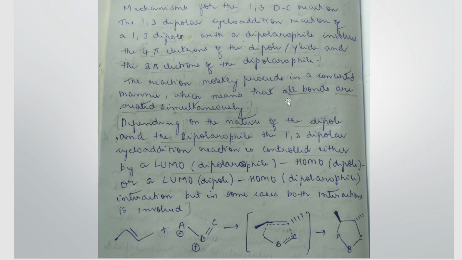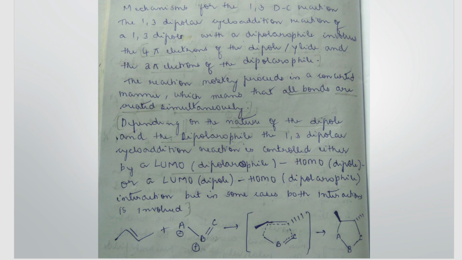That is, all the bonds here are formed simultaneously. It's not like different steps here. All the bonds are forming together, and depending upon the nature of the dipole and dipolarophile, there can be two different ways in which this reaction will proceed. That is by LUMO and HOMO. You know what is LUMO and HOMO, right? That is the lowest unoccupied molecular orbital and highest occupied molecular orbital.